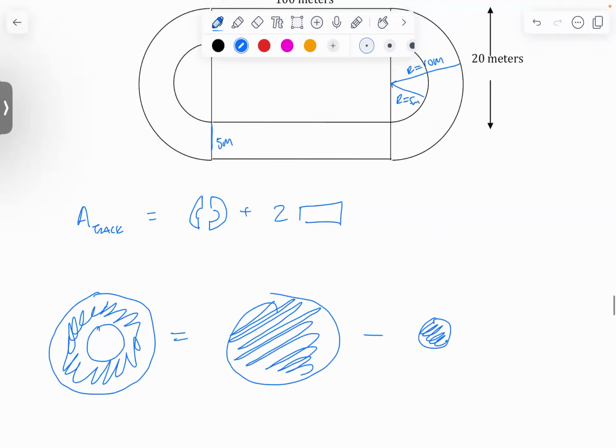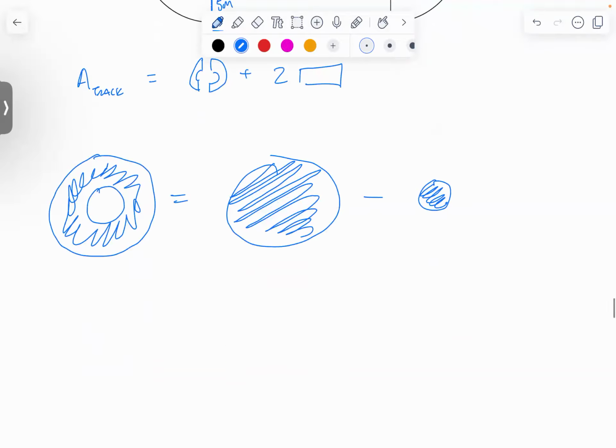Well, we identified the big outside circle has a radius of 10 meters. The radius of the smaller circle is 5 meters, which means I have pi r squared with 10 minus pi r squared with 5.